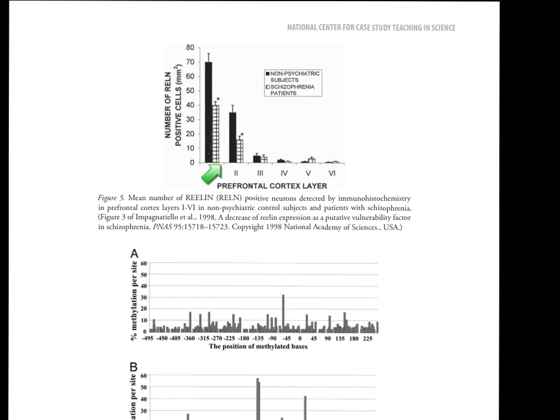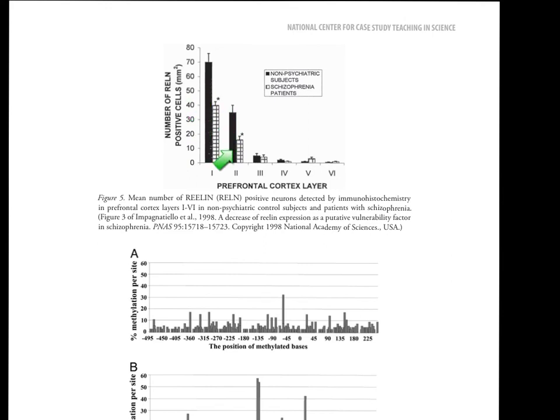But in layers 1 and 2, the difference in reelin concentration in the particular neurons is quite striking. I think this one's about double. The non-schizophrenics have about double the reelin protein concentration in the reelin positive neurons.